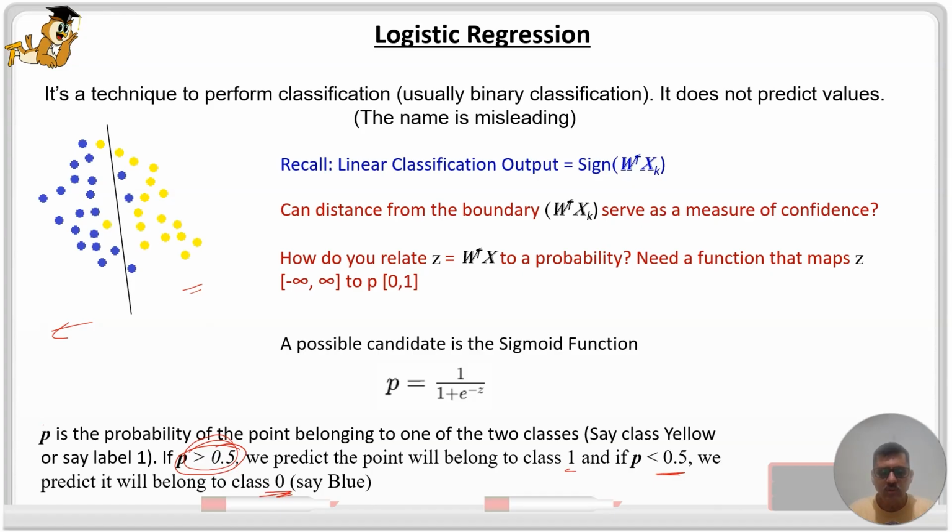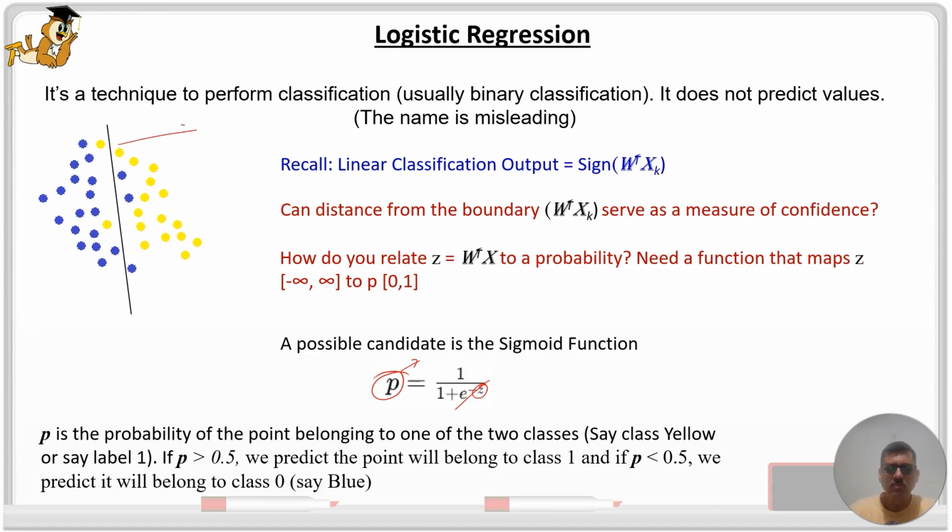So we are going to use a single probability, and depending upon whether it is greater than 0.5 or less than 0.5, we will predict that the point belongs to the yellow class or the blue class. That is what this P is. How does this work? When Z becomes more and more positive, e to the power minus Z is going to become 0 and P is going to become equal to 1.